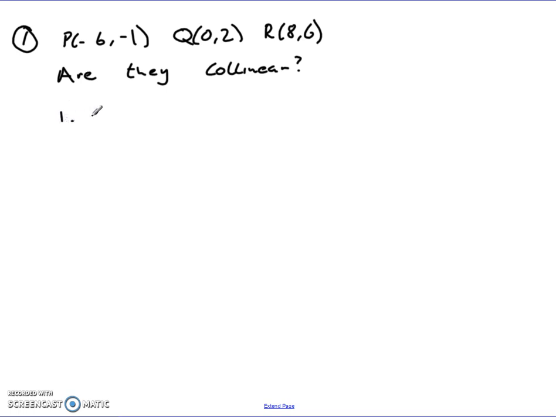So the first thing you do, step 1, start with your first 2 points. In this case, I would start by saying, what is the gradient of P to Q? So in this case, I would do 2, take away -1, over 0, take away -6. 2 minus -1 gives you 3, 0 minus -6 gives you 6.